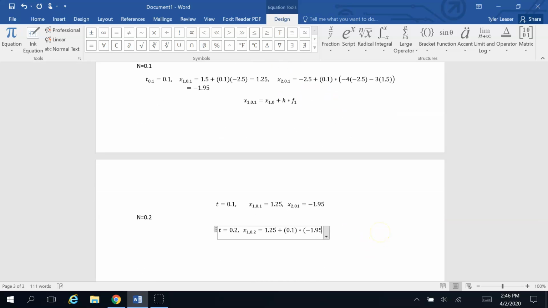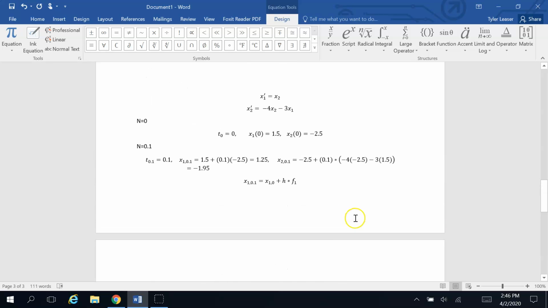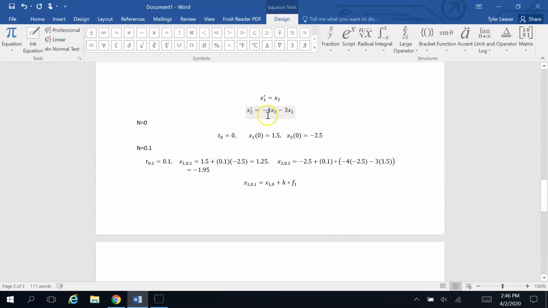So here we're going to be multiplying this by negative 1.95. So this is going to be the value 1.055. And then you would just do the same thing for x sub 2. So x sub 2 at the next step value is the previous value, negative 1.95, plus the step size times plugging in x1 and x2 into the right-hand side of x sub 2 prime.